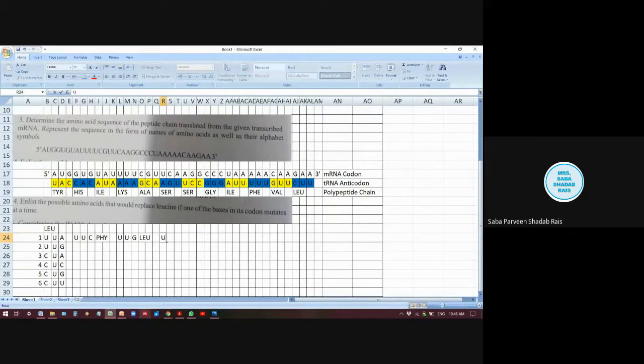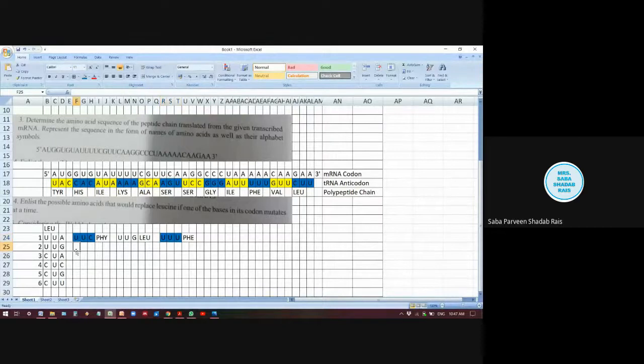If it is U, then what will it be? Phenylalanine. Have you checked it properly? Yes, it is phenylalanine. Okay, so this is a mutation. This again is not a mutation. This will remain the leucine itself. So this is a mutation.